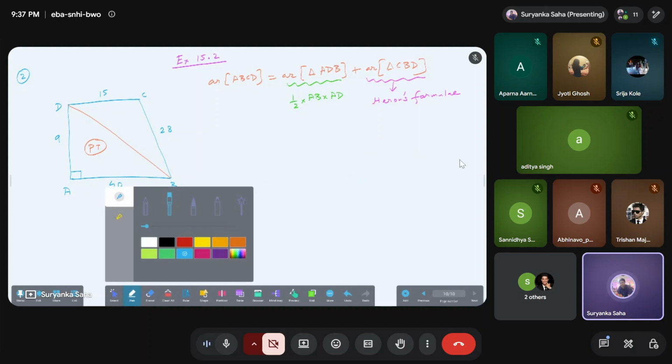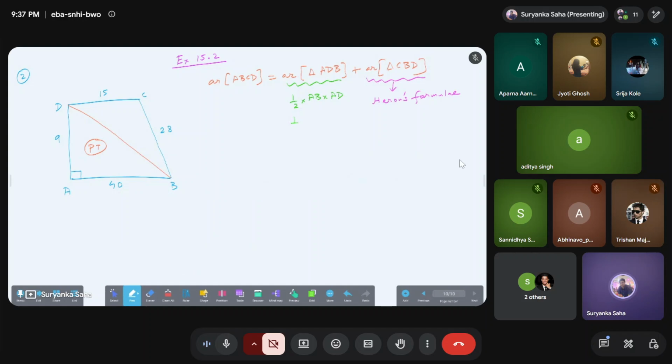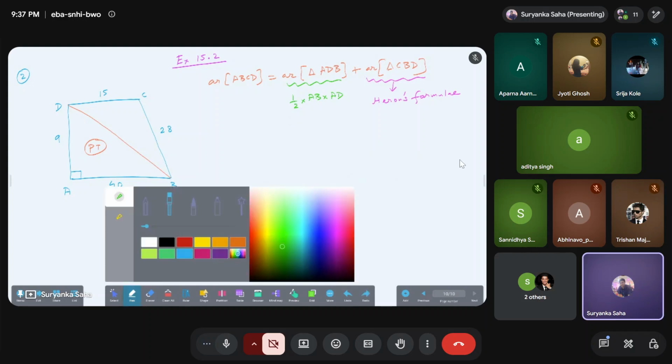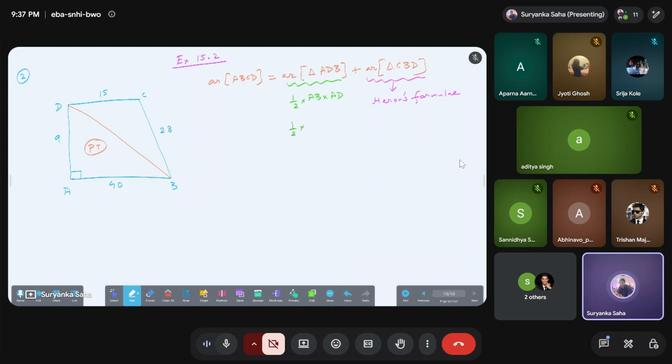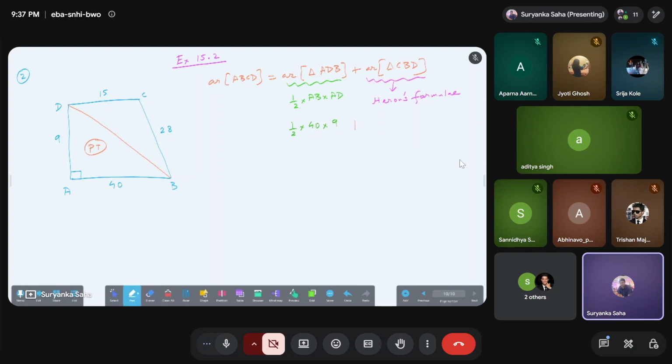So this is coming out to be, first one is BD 41. Okay. So half into AB, AB is 40, into AD is 9. CBD.